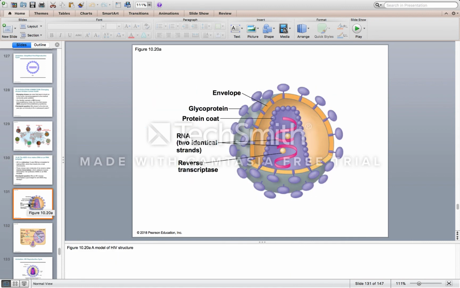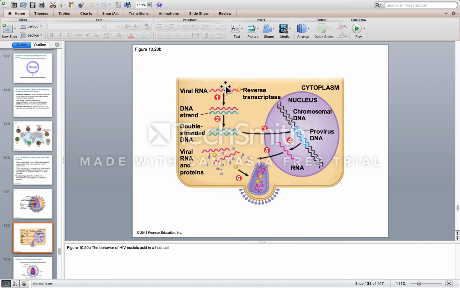So this is what the HIV structure looks like. This is the glycoprotein plus envelope. This is the protein coat on the inside, with RNA in the inside, two identical strands of RNA, and it's got reverse transcriptase in the inside. So what happens is the RNA is transcribed into DNA.